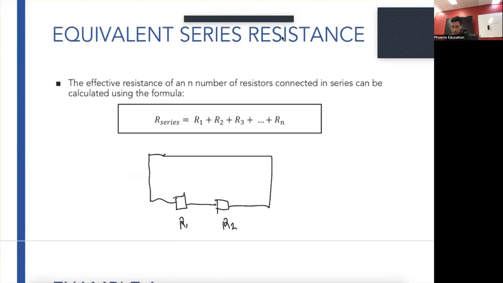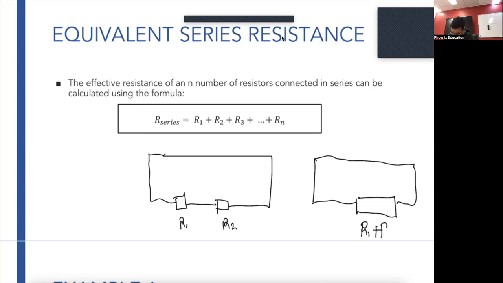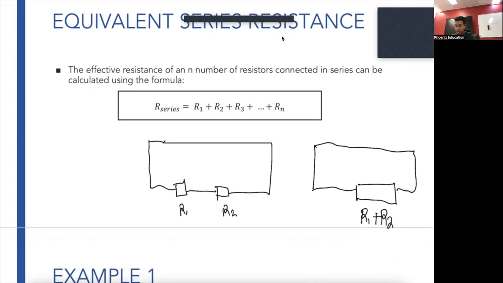If you have two resistors like that, that's the same thing as saying you have one big resistor with that same amount of resistance. So then you can redraw the circuit as R1 plus R2. That will be your new circuit. So this equivalent resistance formula just gives us a way of redrawing our circuit diagrams, okay?